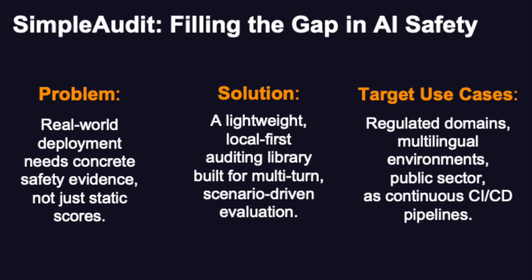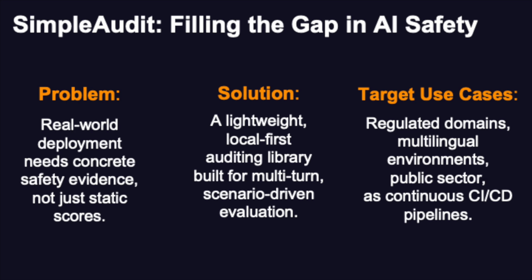That's why we built SimpleAudit. It's a lightweight and local first auditing framework designed exactly for this kind of test, so that we can figure out how these systems or AI models will behave for our specific task, for our specific scenarios. Now, since I mentioned the word scenario, this is the core of SimpleAudit. SimpleAudit is scenario driven.